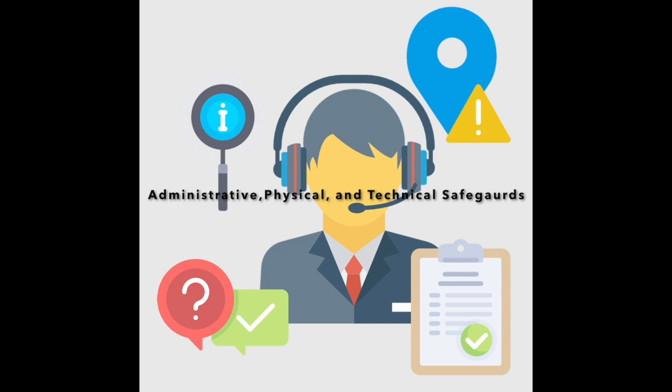The security rule under Title II of HIPAA protects electronic protected health information through three safeguards: administrative, physical, and technical. Administrative safeguards include training the workforce in security awareness, establishing procedures to address security incidents, preparing a contingency plan to permit data recovery and access in the event of an emergency, and many more.